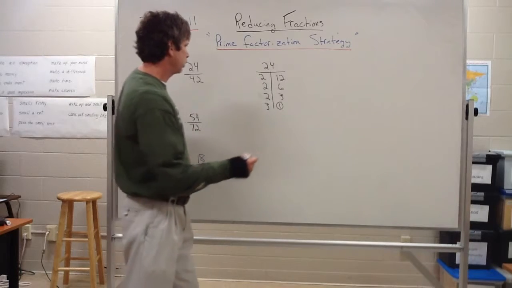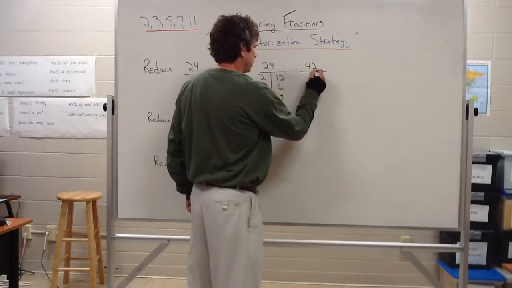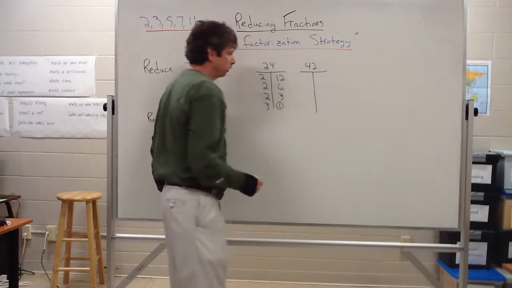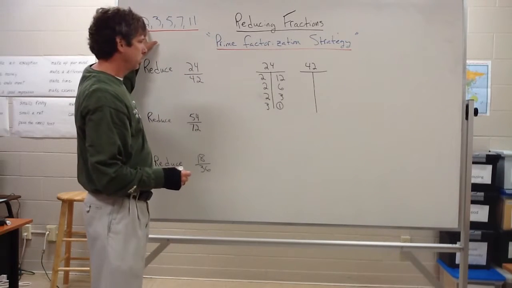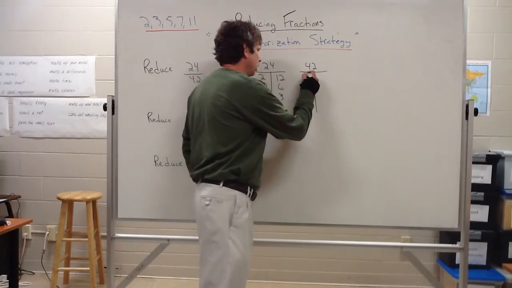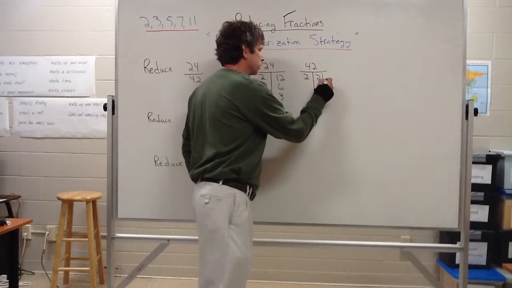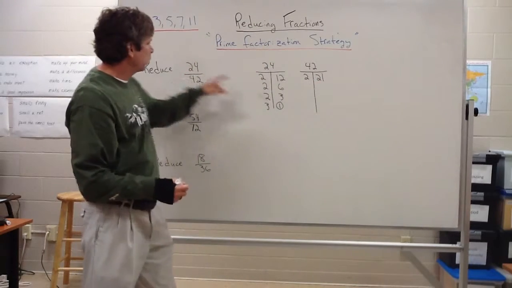Now we turn our attention to the 42. Again, I like to use the T-chart as an organizational tool. Again, we start with the first prime number, which is 2. Does 2 go into 42? And yeah, 2 goes into 42 21 times. We turn our attention to the 21. 2 does not go into 21.